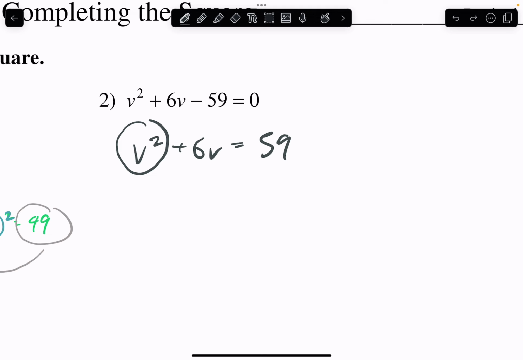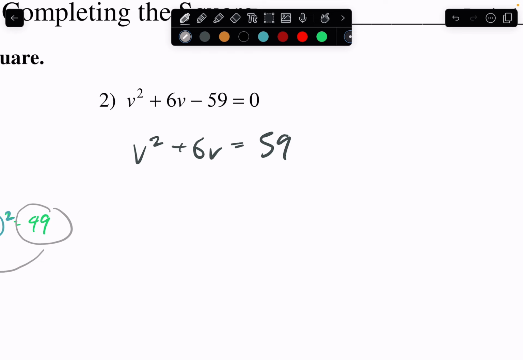As you can see here, v raised to 2, the coefficient is 1, so we divide by 1, which doesn't change anything. But given that the coefficient is, let's say, 2, then we divide everything by 2. So we'll stick to this.